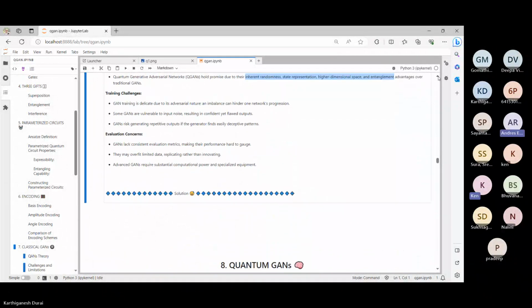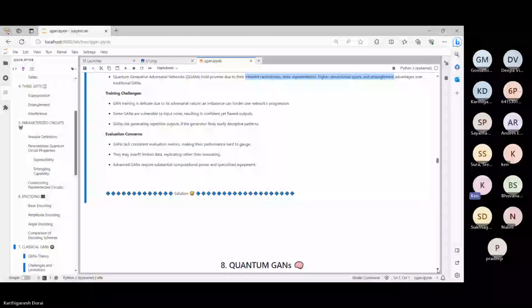And evaluation concerns: a lack of consistent evaluation metrics, but that's the same for all GANs. Where do you draw the evaluation criteria? What are the metrics of evaluation? We'll find that there's very little to none. It's like, oh, this is the cat I was looking for. Okay, looks like a cat. Sure, that's good enough for me. But as a baseline, there is none.